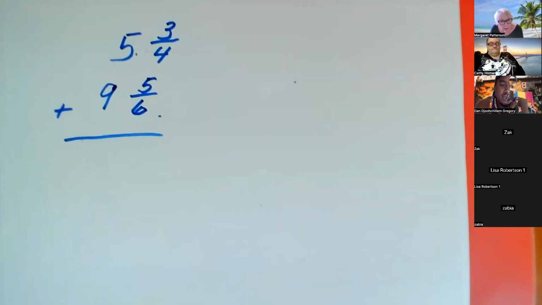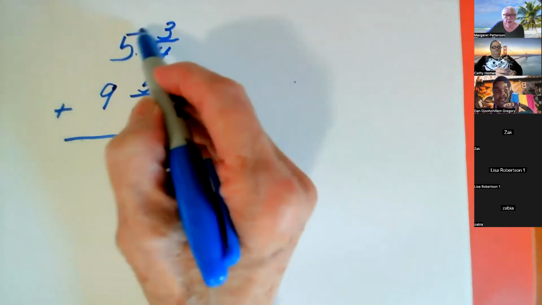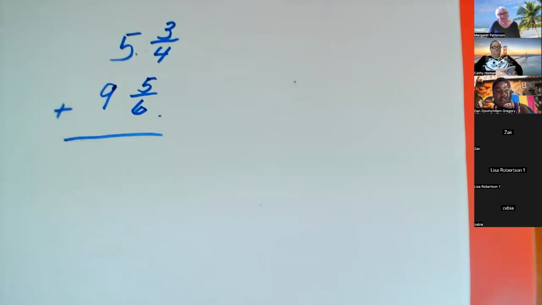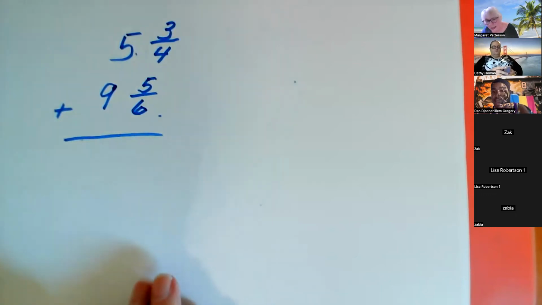If not, my question was, we have a problem just like this one you just wrote. In my head right now, I'm not even looking at the 5 and 9. I'm just looking at the 3 over 4 and 5 over 6. And then later when I solve it, I'll go and add the 5 plus the 9.